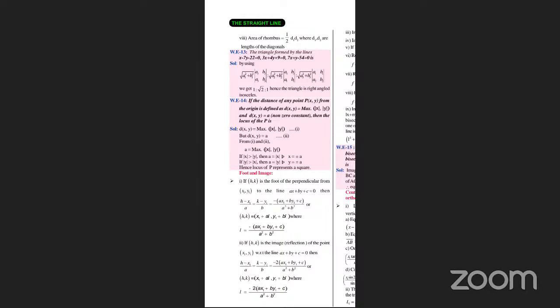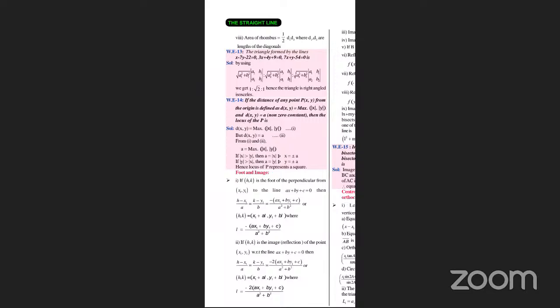I'll discuss that, then we'll go to triangle, and then we'll come back to foot and image. It should be the number of lines of a triangle.